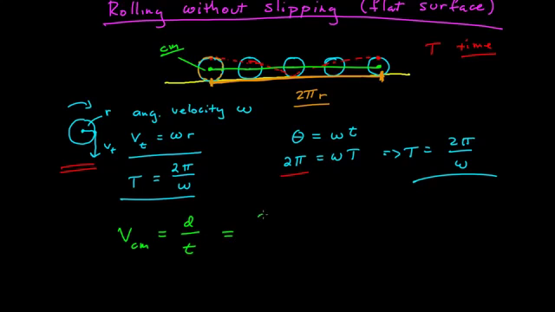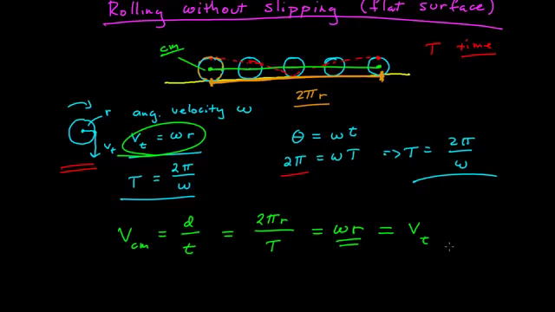The distance covered was 2 pi times the radius, and the time we already determined was 1 period. Well, 2 pi over the period is the angular frequency, angular velocity, so this is equal to omega r, which is equal to the tangential velocity of a point at the edge of the cylinder.